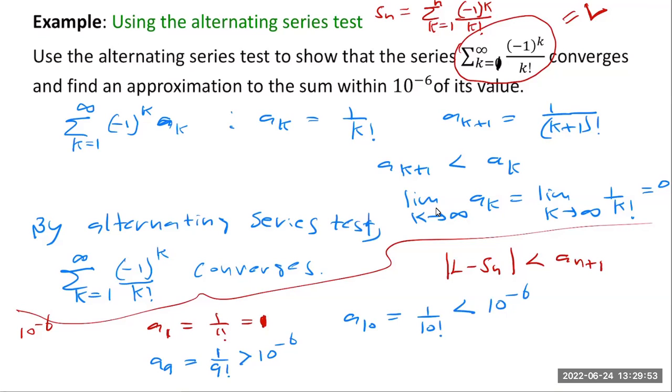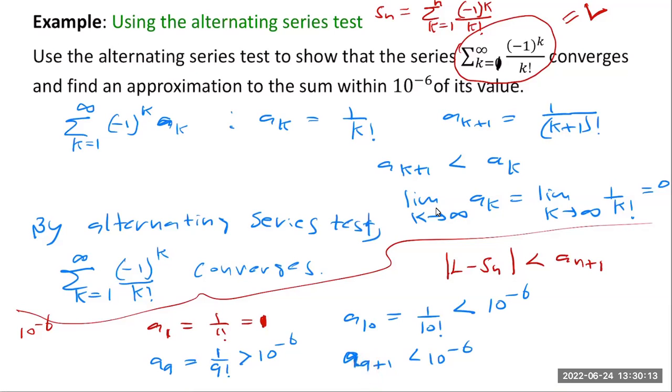So this A10, we can view as A(9+1). I'm writing 10 as 9 plus 1, which is less than 10 to the power minus 6. As you can see, the value of n needed here is 9.